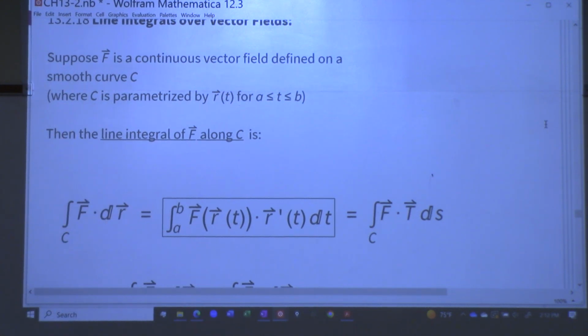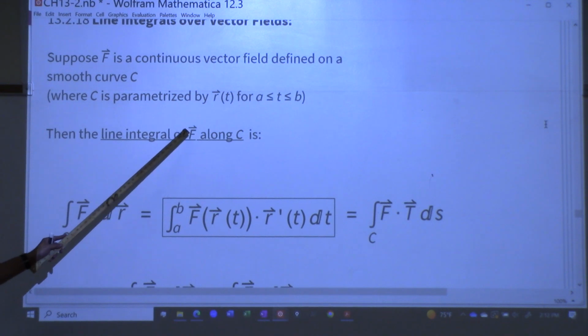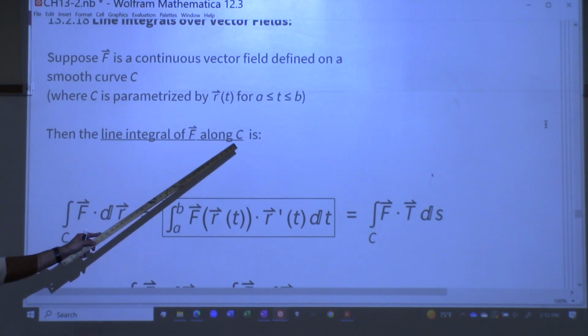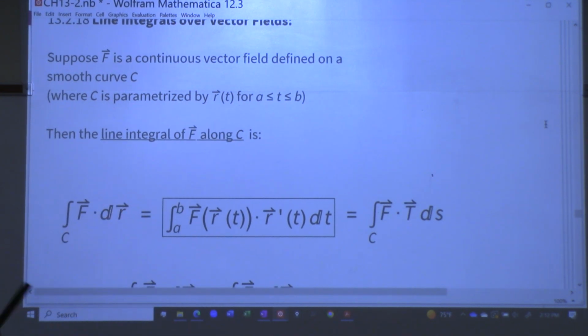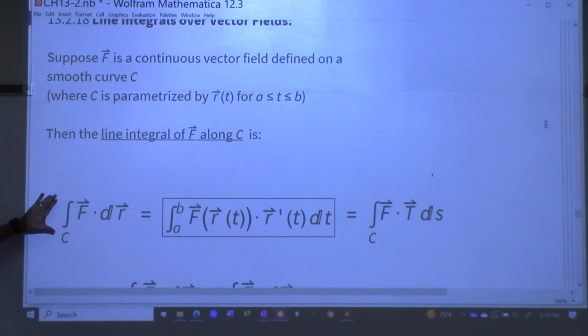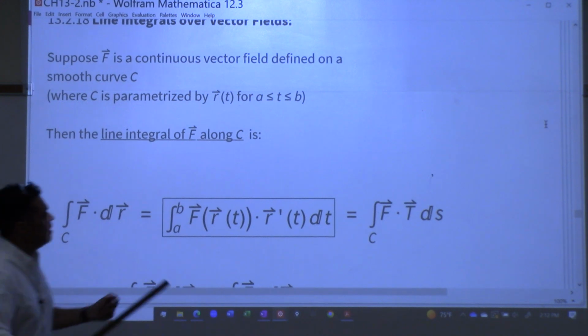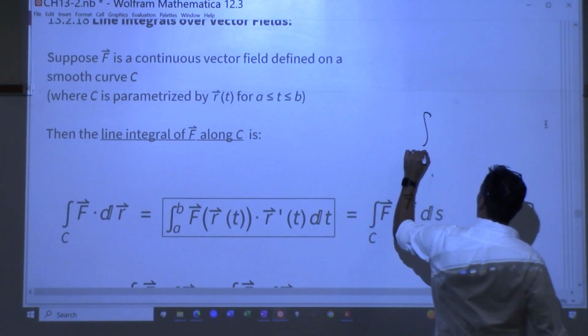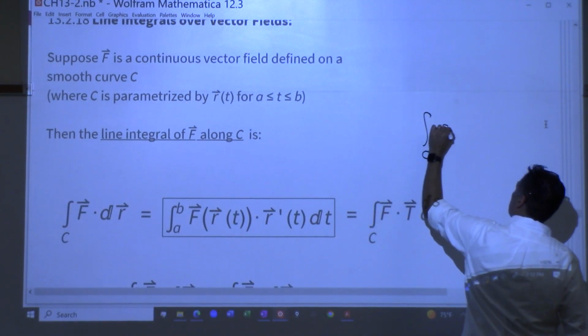As long as we've got some conditions met here, then the line integral of the vector field F along C is this. This calculates work, but more generally, we call it the line integral of the field F along C. Here's the new notation. This is new. When we started class, I think everybody hopefully understood what this meant.